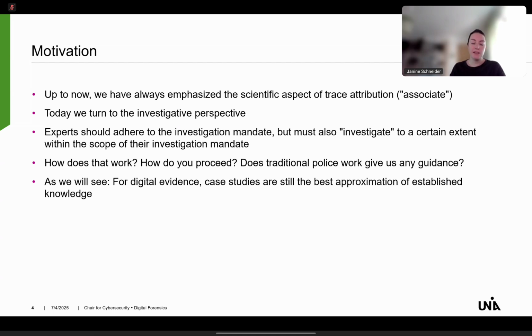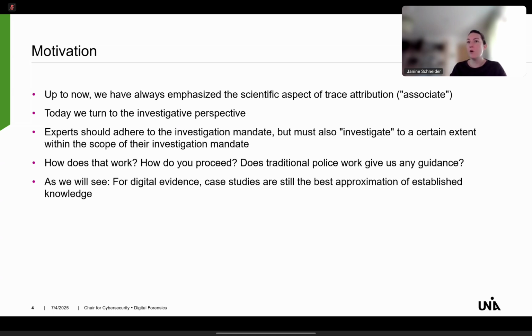Maybe some of you remember that I once said scientists associate, investigators investigate. And because we are forensic scientists, digital forensic scientists, we always associate, but now we will investigate. And if you think about it, it makes sense, because when we analyze digital devices, to an extent, we have to investigate.